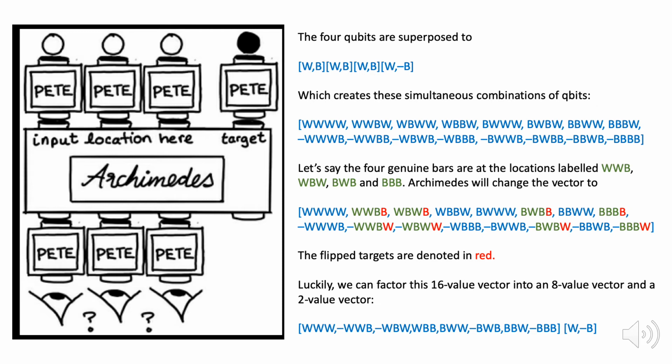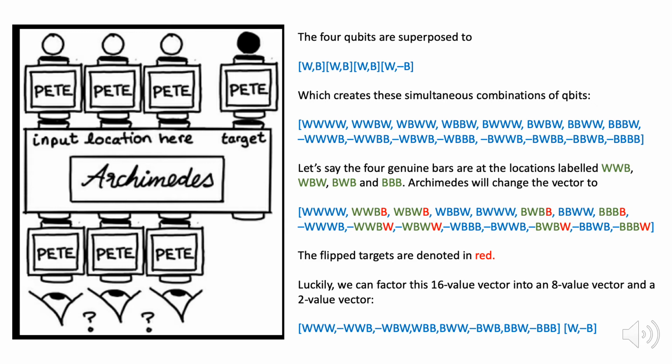Now, let's just say we're in the real room, and the 4 gold bars are at 001, or white, white, black; 010, or white, black, white; 101, or black, white, black; and 111, or black, black, black. I'm just picking those 4 values as an example. As the qubits flow through Archimedes, it's simultaneously operating on every one of those possibilities.